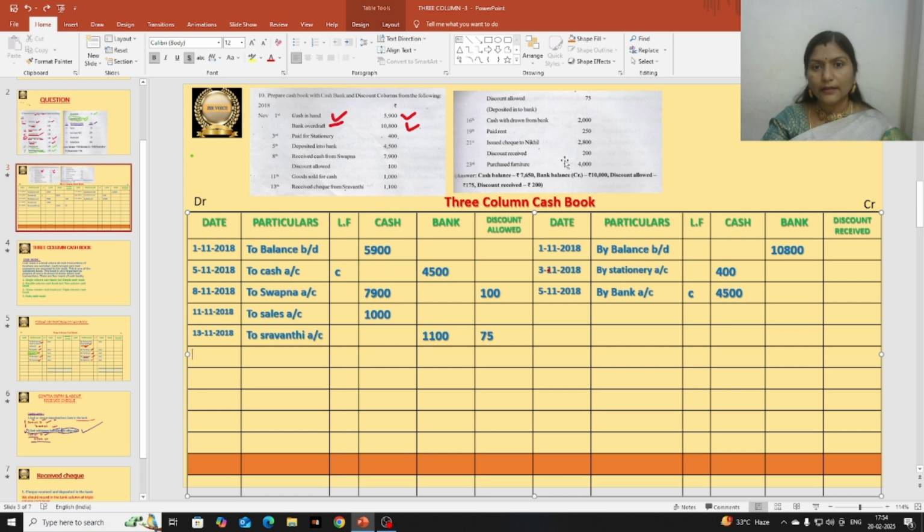What is the date here? 16th date. 16-11-2018. And in particulars column we will post the journal entry. What journal entry we are going to follow here? Cash account debit to bank account. So we will write to bank here first.